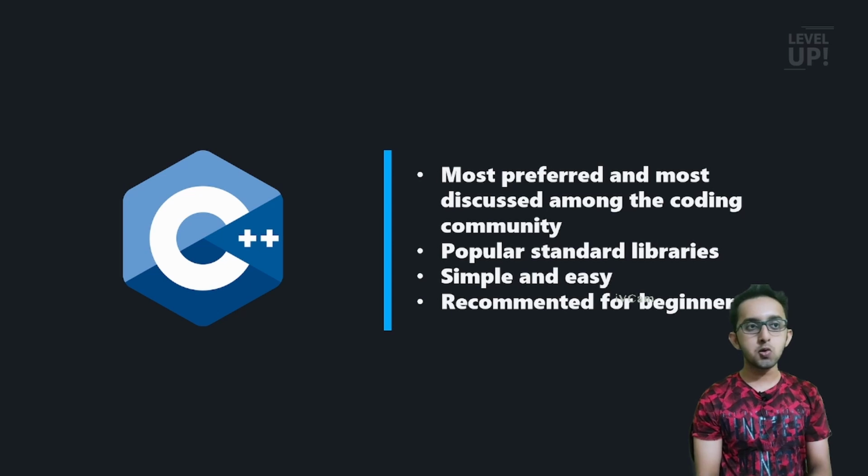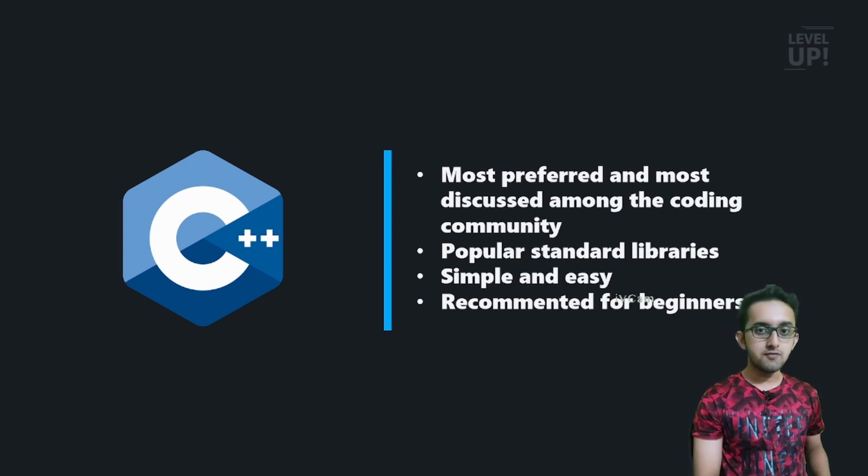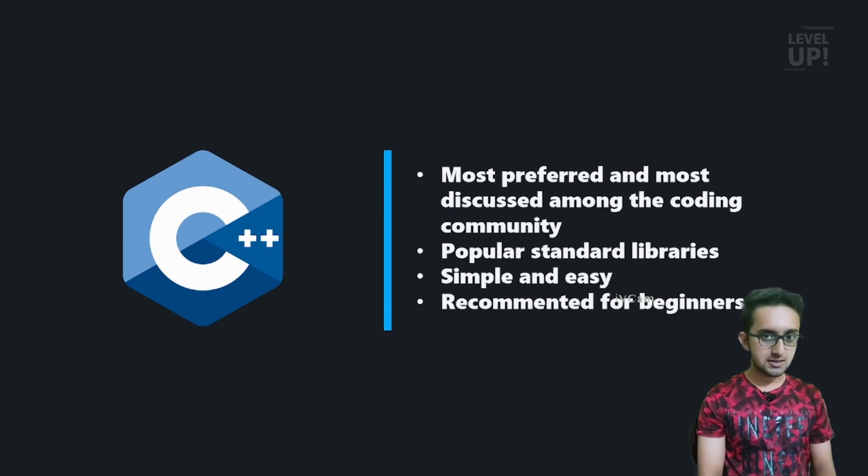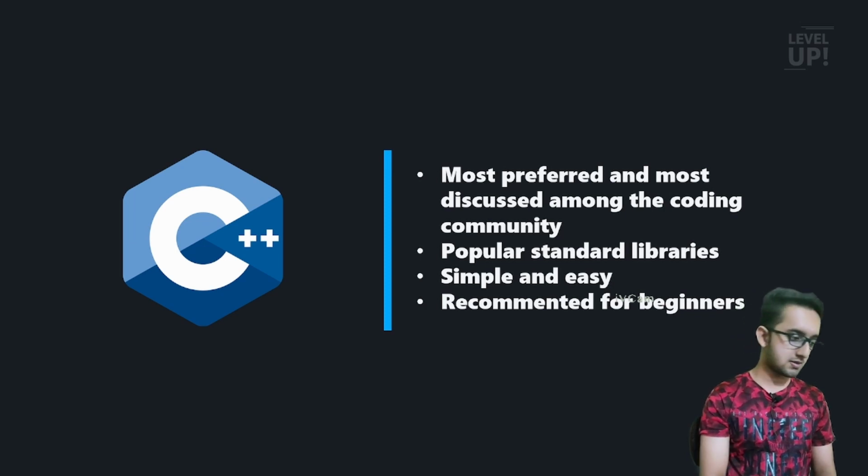For example, if you go to the discussion sections of forums and blogs of coding questions that you see in interviews, most of the answers which will be discussed will be in C++ code. And it is highly recommended for people who are just starting off with coding. For the same reason, C++ is most discussed by the community and is on top of the list.